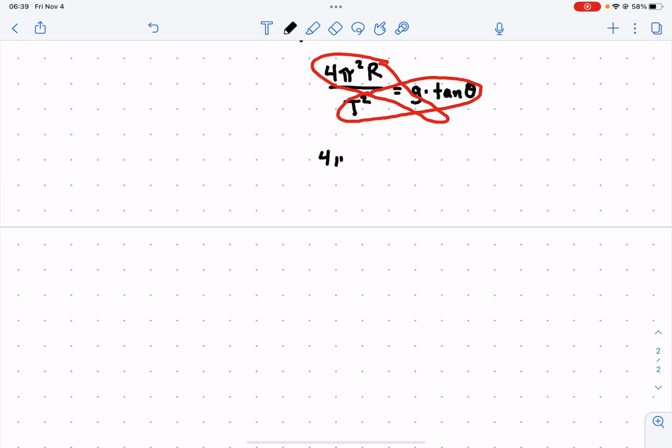So we got 4 pi squared r times 1 is then going to equal T squared times g times the tangent of theta. And now getting that by itself, we're going to divide both sides by g tangent of theta.